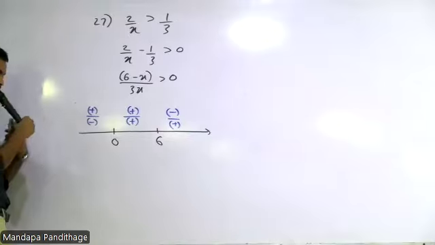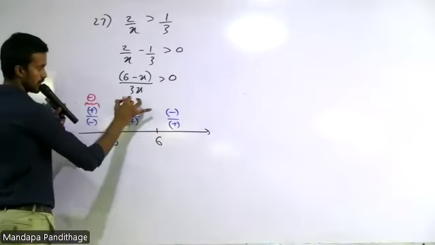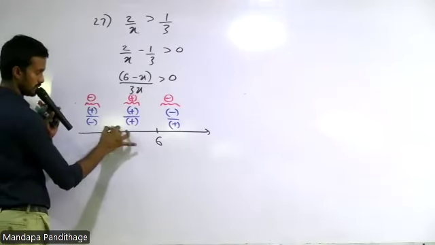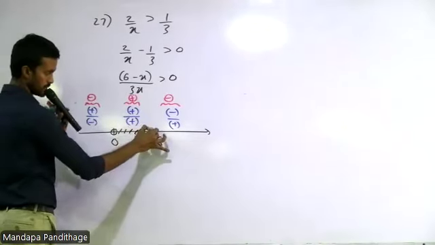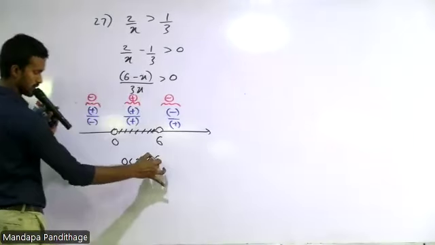Hence this one is minus, this one is plus, and this one is minus. You're supposed to get the range where it is positive, which means x is greater than 0 and less than 6.